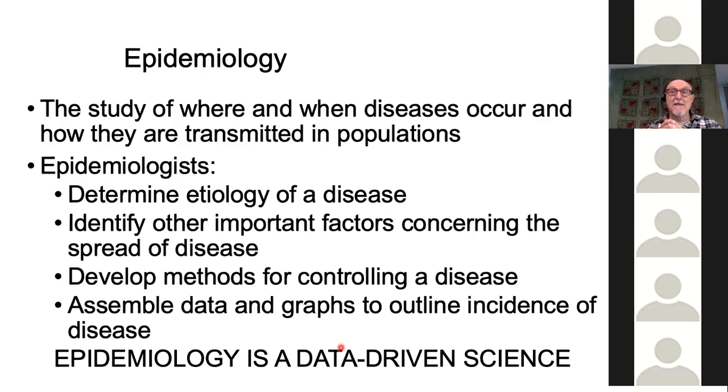The disease he was interested in was cholera. Cholera is a waterborne disease. It causes a very dangerous and very violent diarrhea. Nowadays, it's much less dangerous than it used to be because we can treat with intravenous fluids and everything, and people tend to recover.